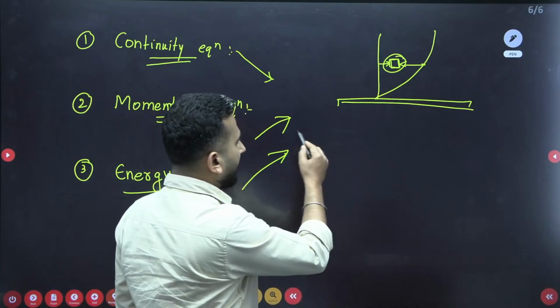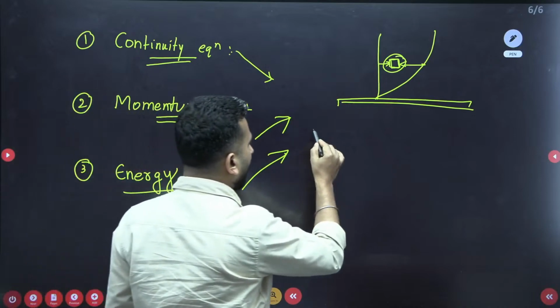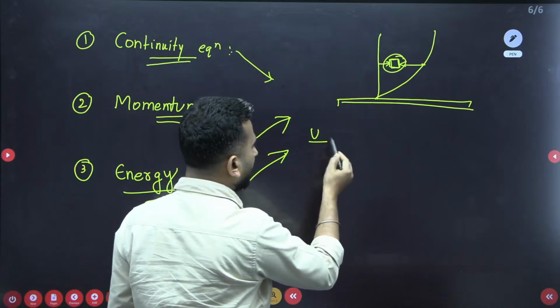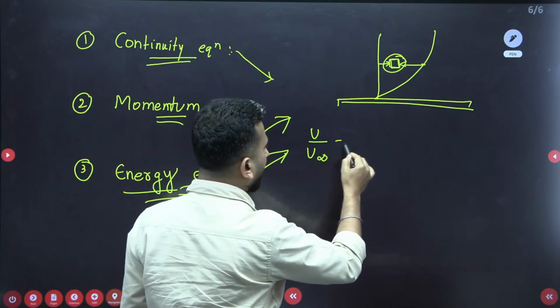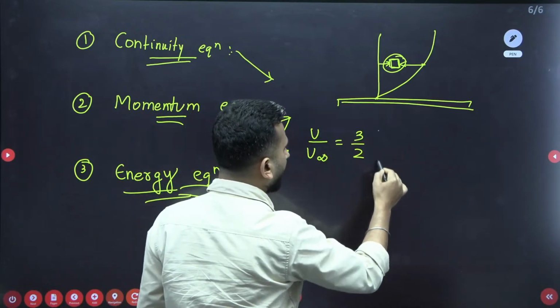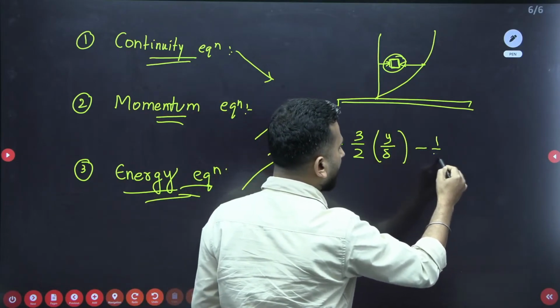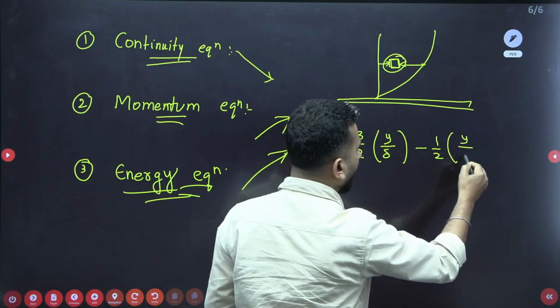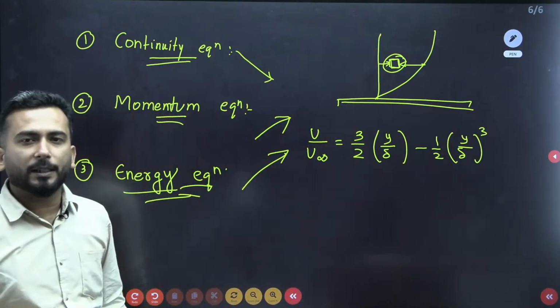So see, the velocity profile you already know. For example, if I consider the cubic velocity profile, it is something like u by u infinity is equal to 3 by 2 y by delta minus half y by delta to the power 3. So this is the most famous cubic profile.